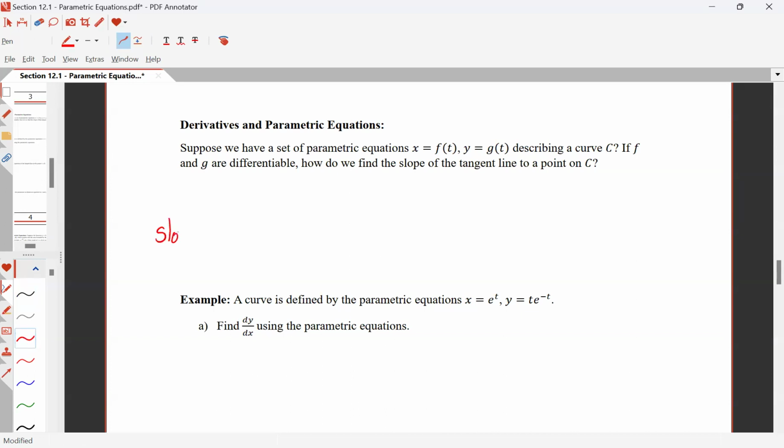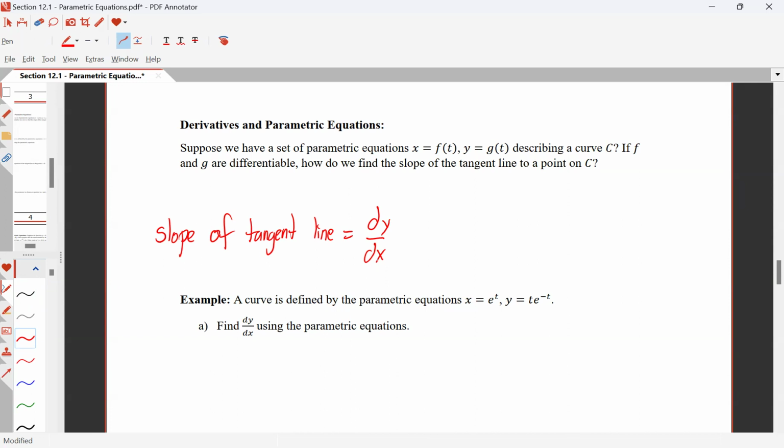We know the slope of the tangent line, when we use derivatives, is dy over dx. It is the derivative of y with respect to x.